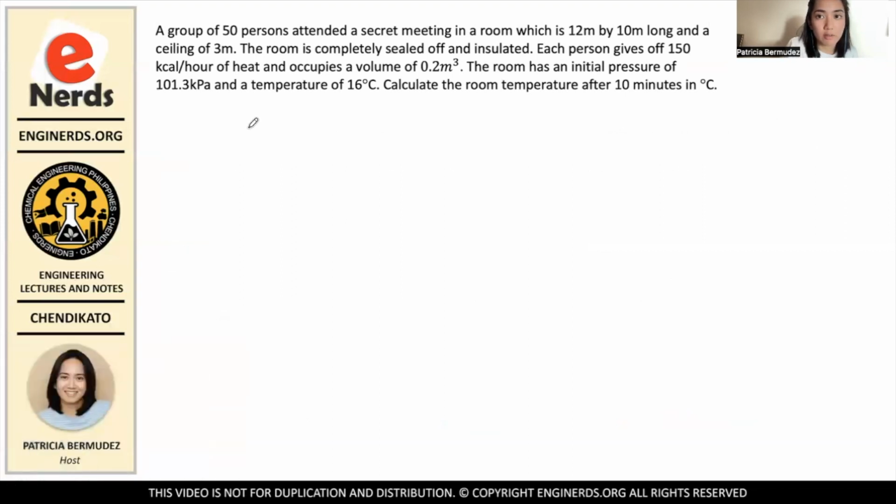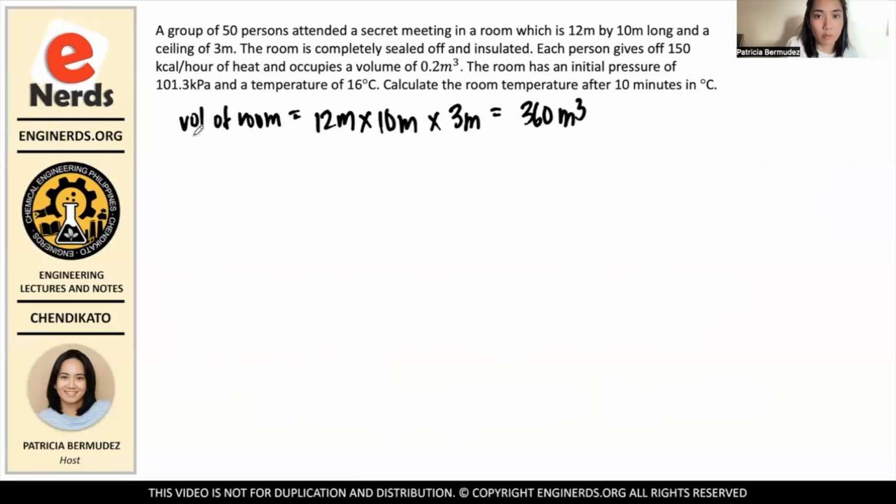First is that the volume of the room is 12 meters by 10 meters by 3 meters. So we know that it is 360 cubic meters. That's the volume of the room.